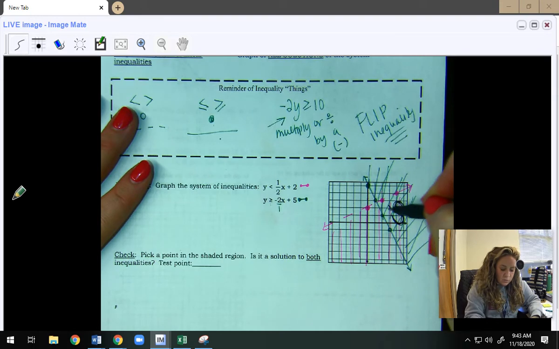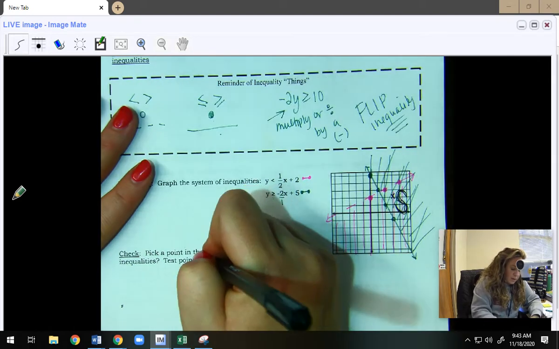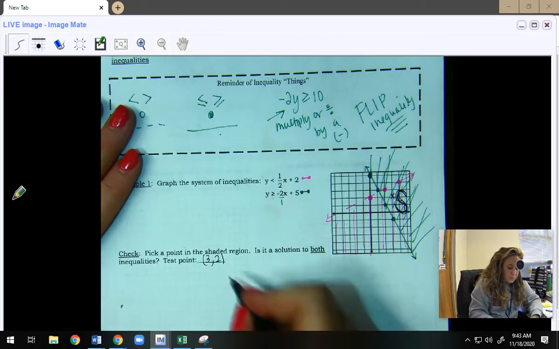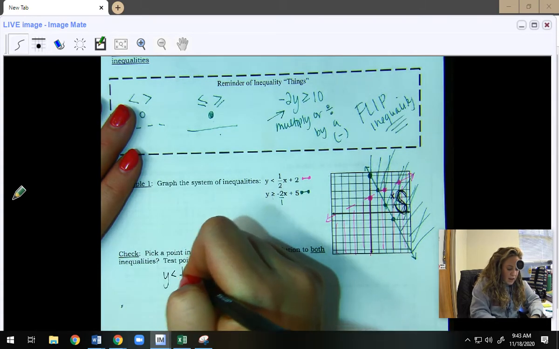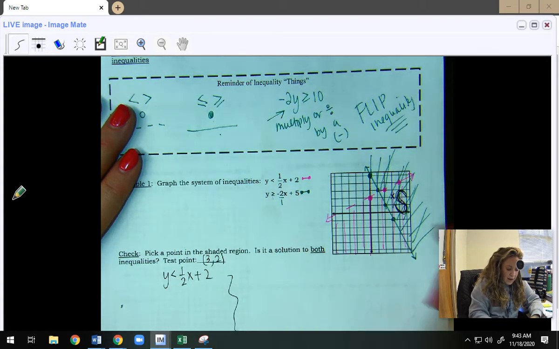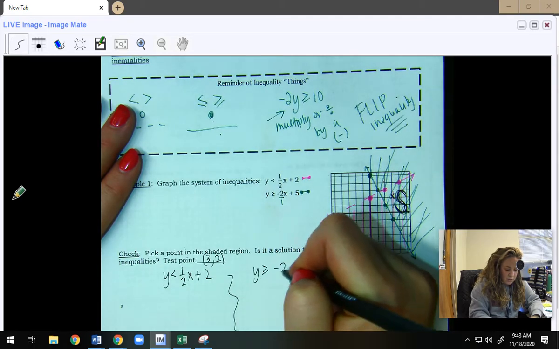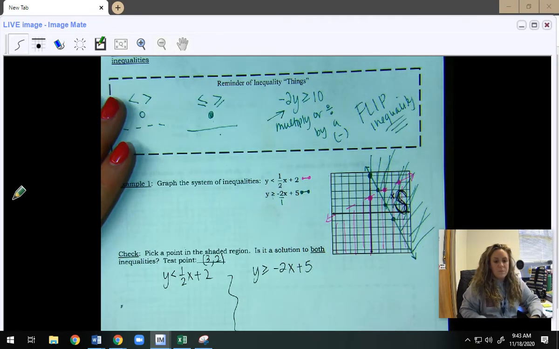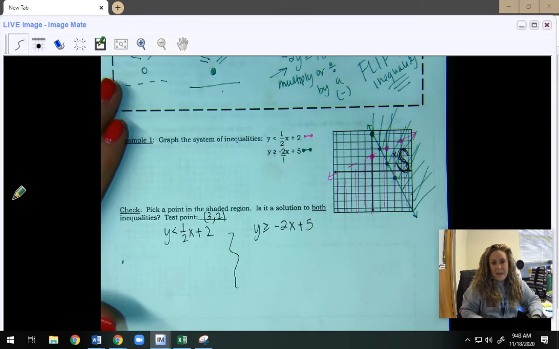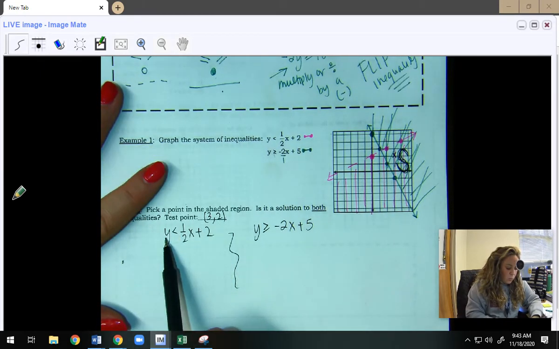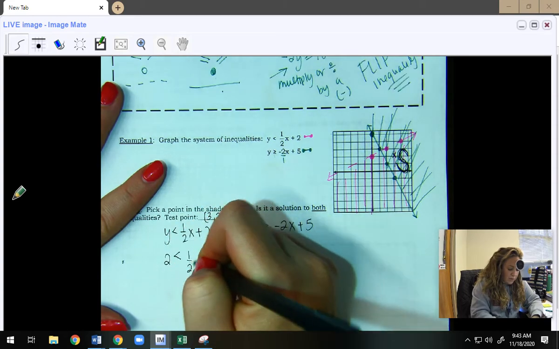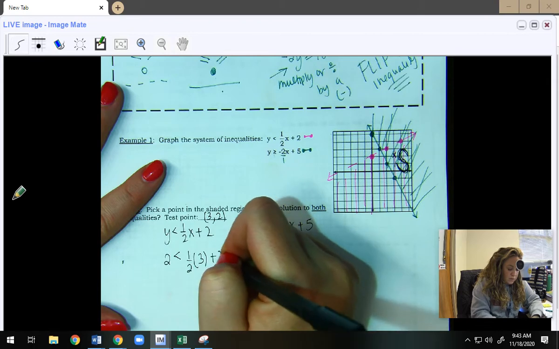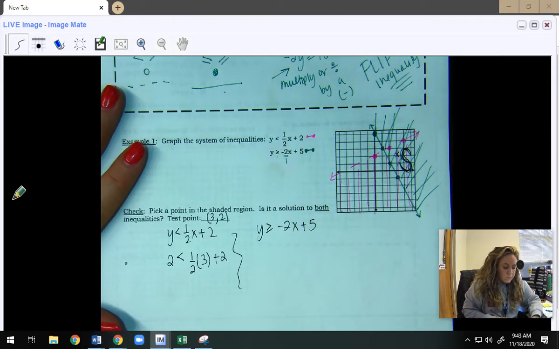So I think I'm going to test this one right here: 3, 2. I'm going to check it in both. So y is less than 1/2 x plus 2 on this side. y is greater than or equal to negative 2x plus 5 on this side. I'm just going to plug in and see what happens. So y is 2. So 2 is less than 1/2 times 3 plus 2.